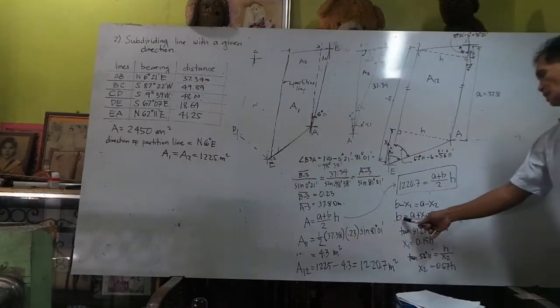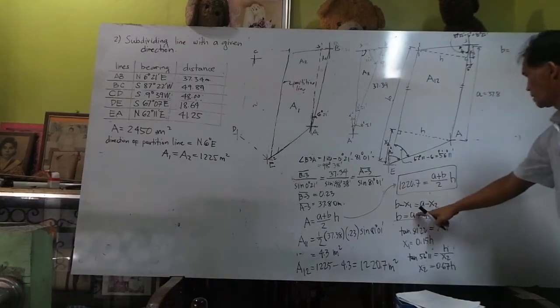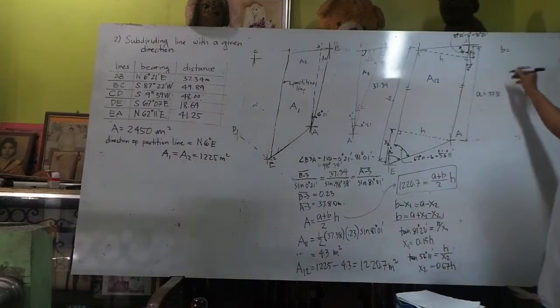B is still B. So we have A, which is equivalent to this one, 37.8.